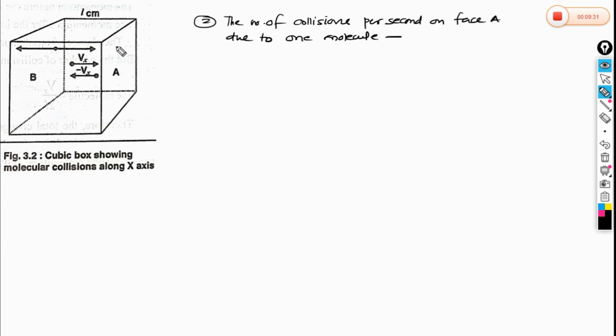Now the molecule will strike the face A on the right side with velocity Vx.